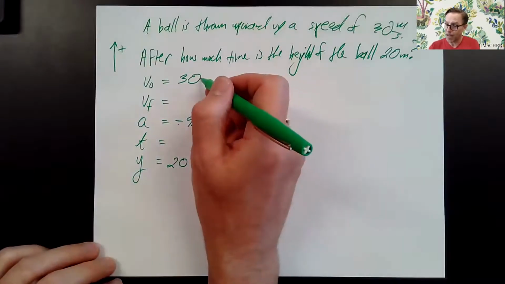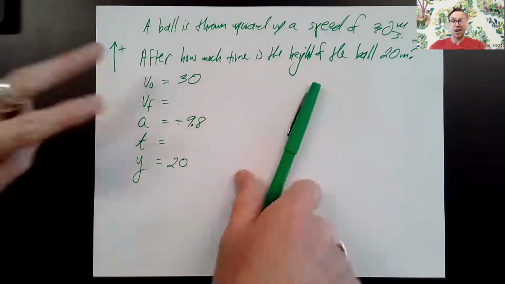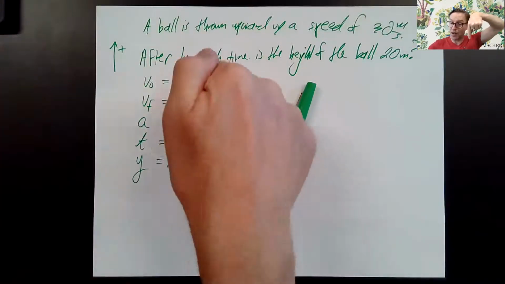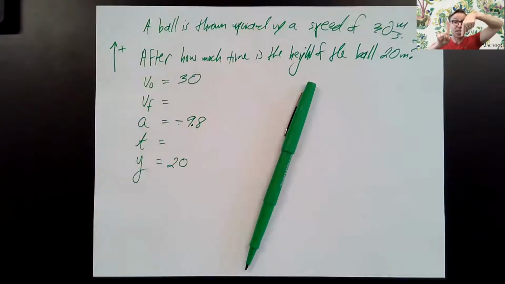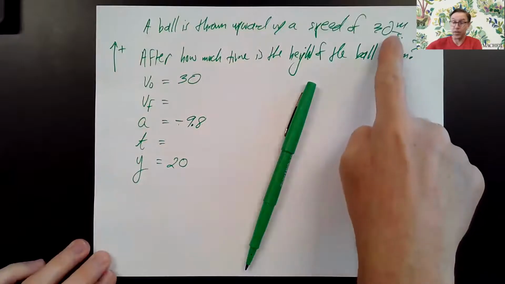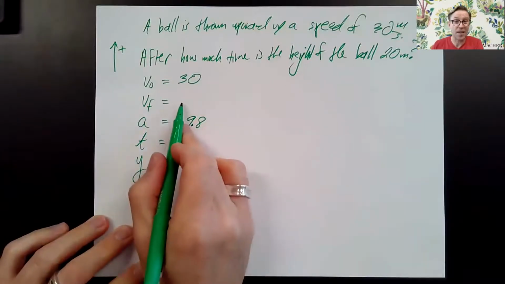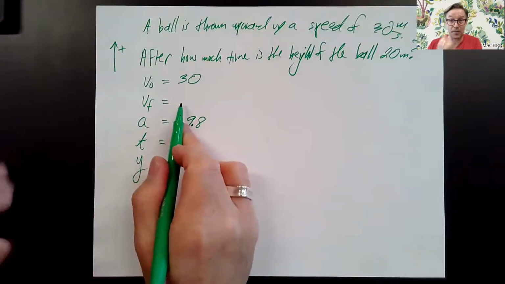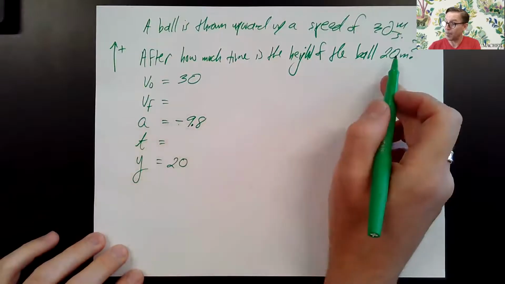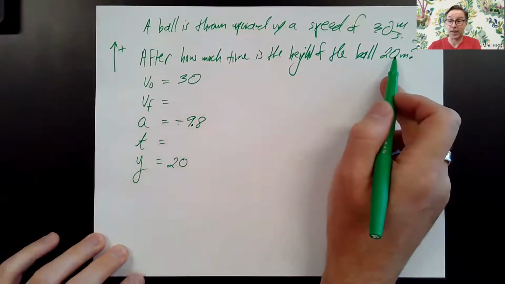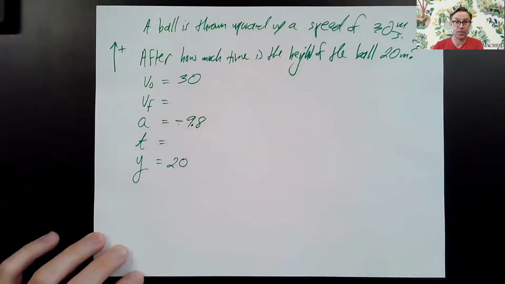If my velocity and my acceleration are in opposite directions, they have opposite signs, that's going to cause things to slow down. And that makes sense. I throw it at a speed of 30 meters per second, and it slows down, eventually stops. I'm not going to say V final is 0. I don't know the final velocity because I don't know how fast it's going when the height is 20 meters.